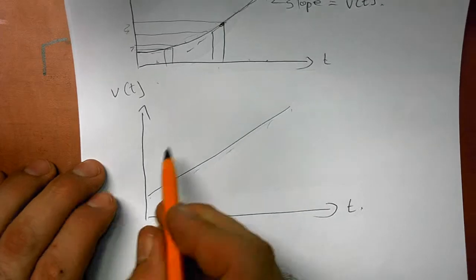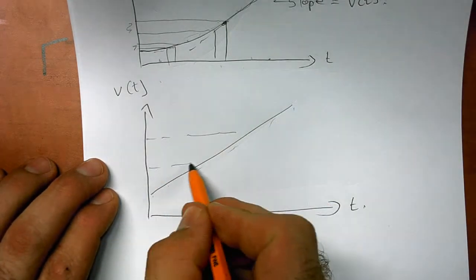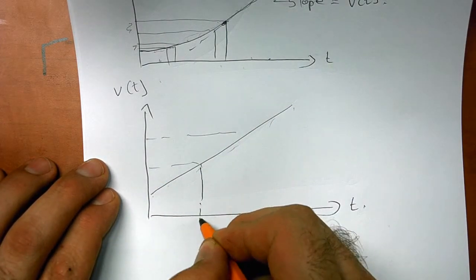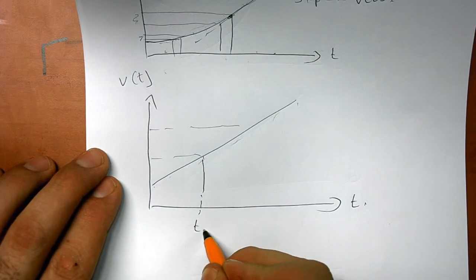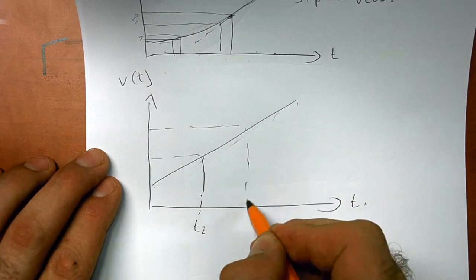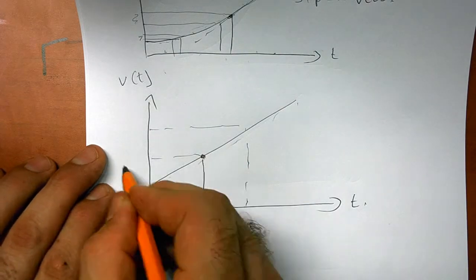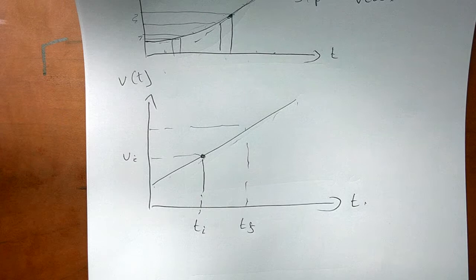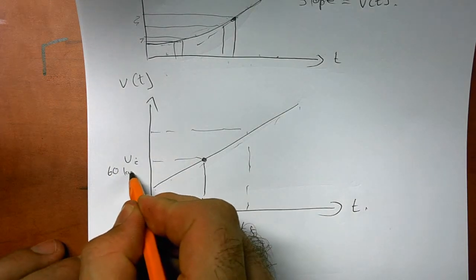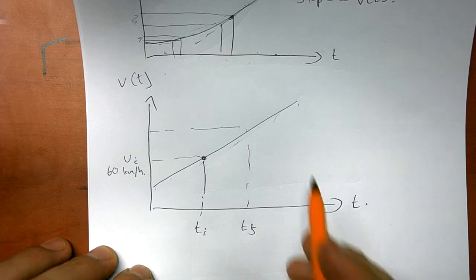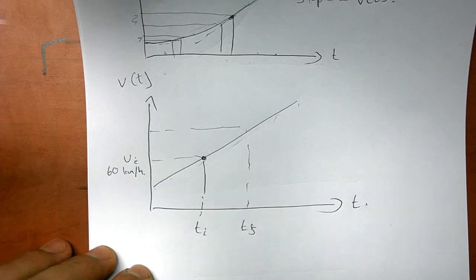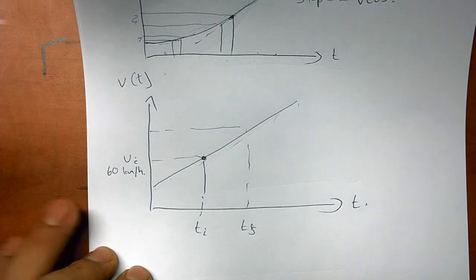Now, let's look at this. What this curve is telling me is, let's call this some initial time, and there I've got some final time. Here I'm moving at some initial velocity. Let's think of an example where you're driving to Durban and you get on the highway, and initially you move at 60 kilometers an hour east.